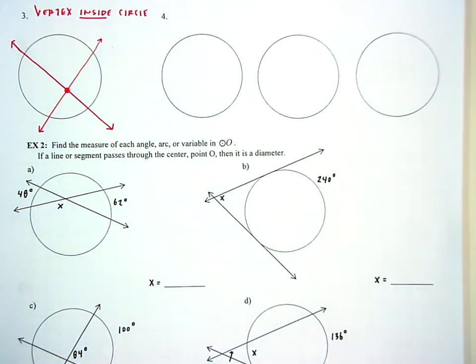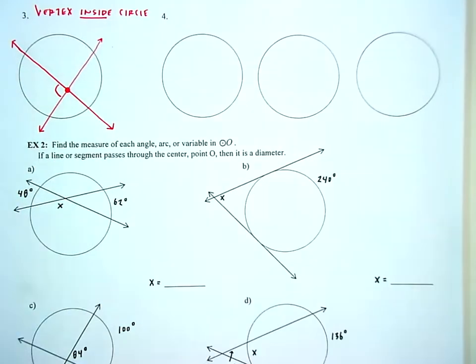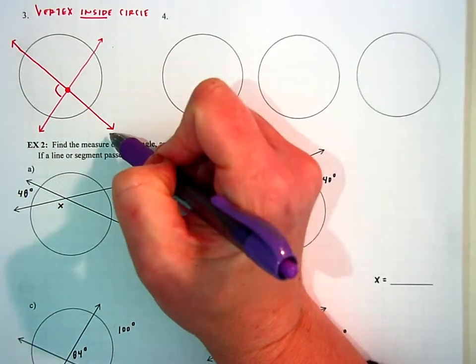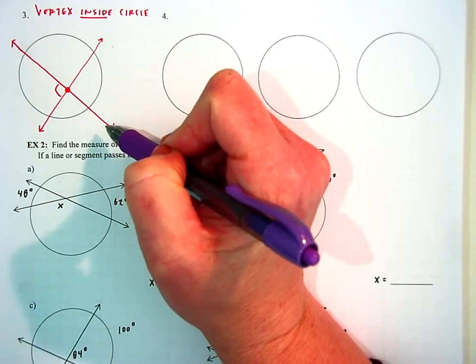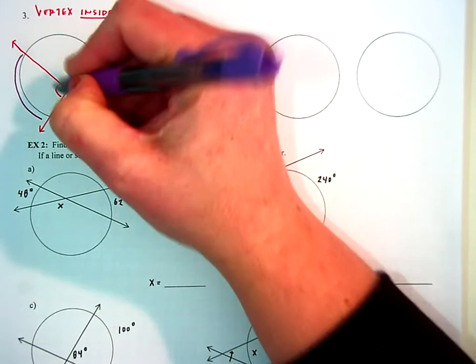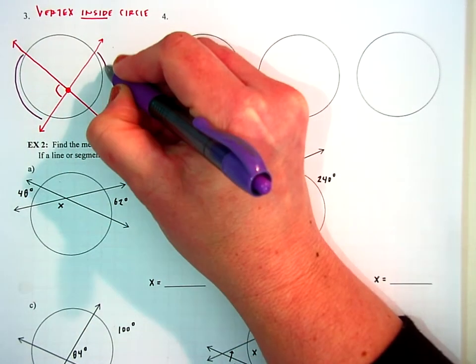So what matters is, what angle am I focusing on? I'm going to focus on this one. So if I'm looking at that one and I look at these 2 pathways that these lines make, I'm looking at the intercepted arc right here. And I'm also looking at the intercepted arc for the vertical angle to this one right here.